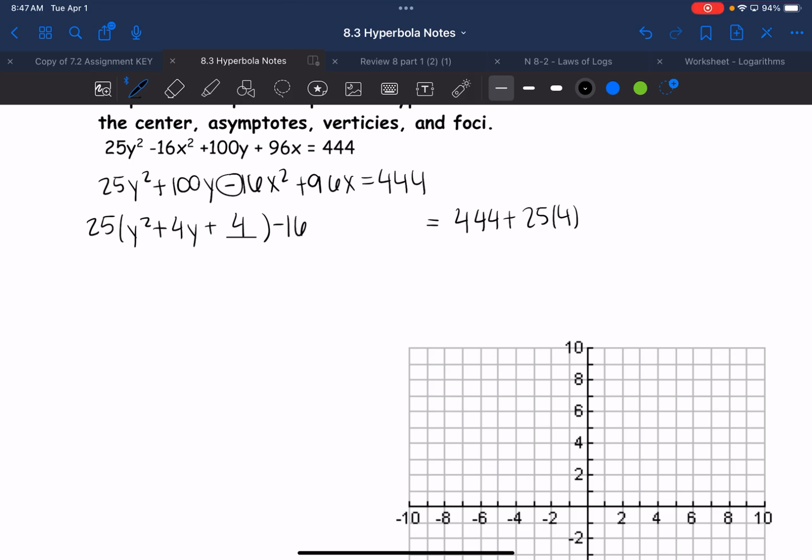Then we got minus. In this next term, we're going to want to pull out a 16. So that'll leave me with x squared plus, what's 96 divided by 16? 6. Oh, I pulled out a negative, didn't I? So that should actually be minus 6x plus blank.